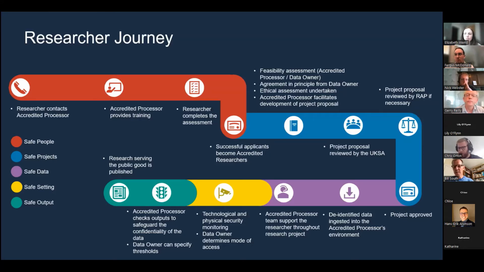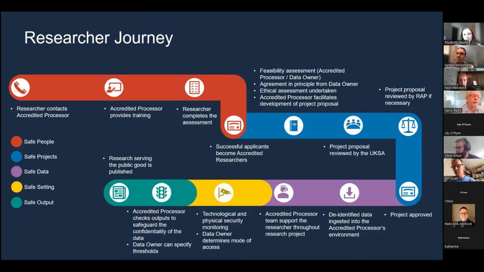So the final stage then, once the researcher has conducted their analysis and are ready to release their outputs, we have to check that nothing that's released will identify a person. So although there's no names and addresses in the data, if we release small counts from the environment, it might be possible that you could identify someone.